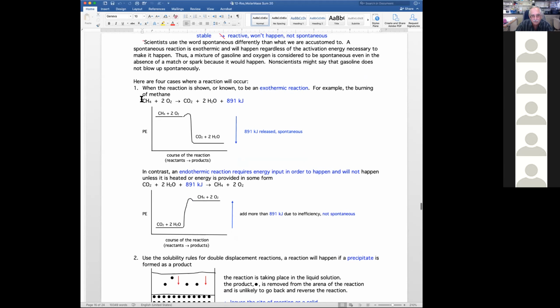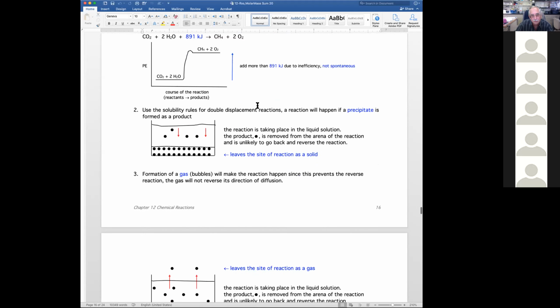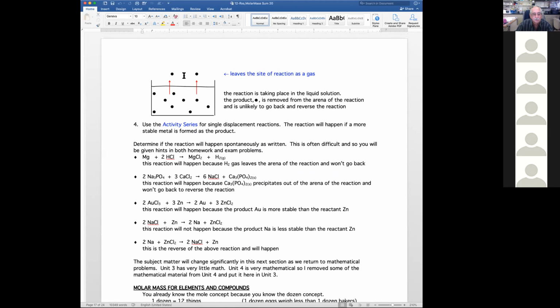So that's what tells you that the reaction is going to go that way. Then here's a precipitate, here's a gas, and of course you can use the activity series. Okay. And some of the activity series is in your everyday experience.